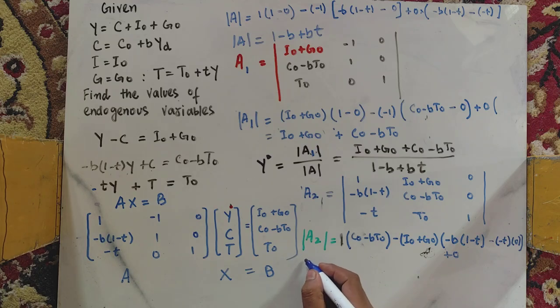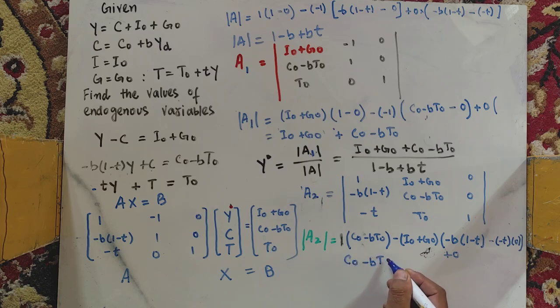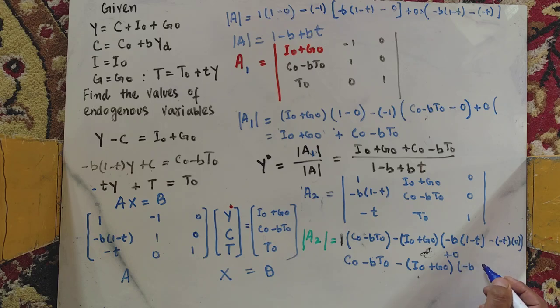So we will get ideally here C naught minus B T naught, okay. Then we have minus I naught plus G naught. Then we have minus B, 1 minus T, so minus into minus is plus, T into 0 is 0.